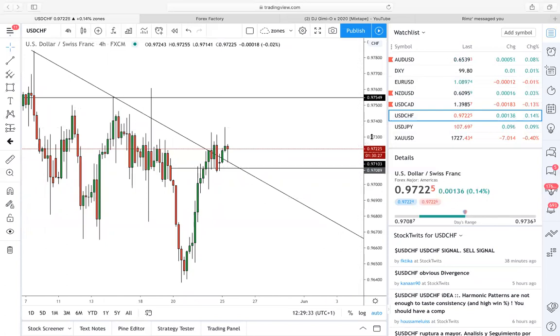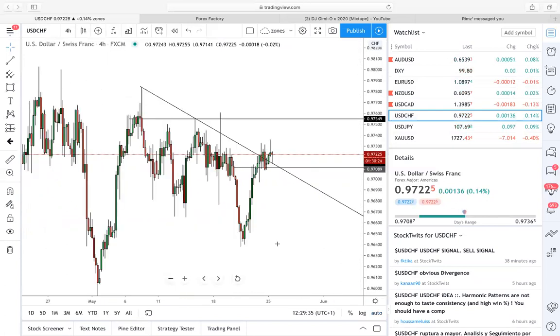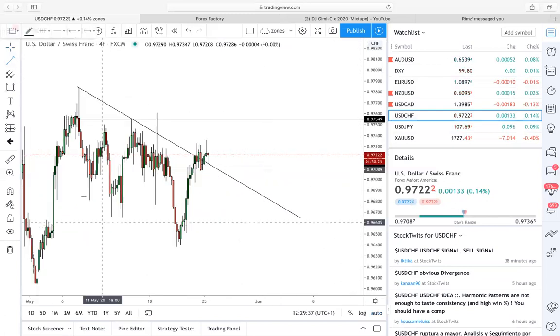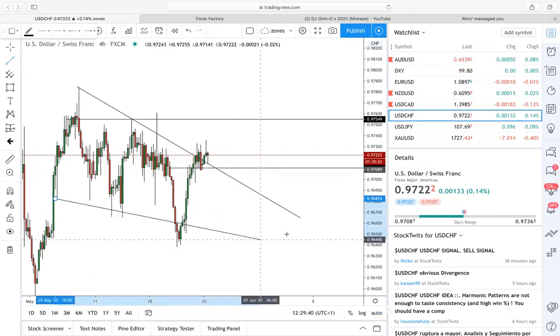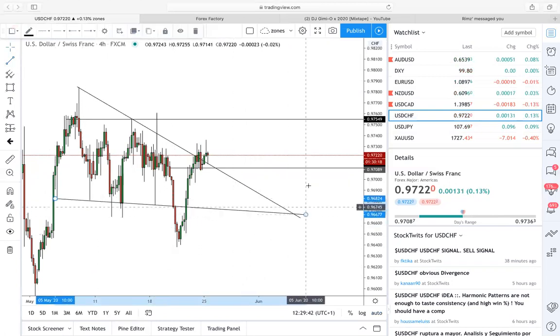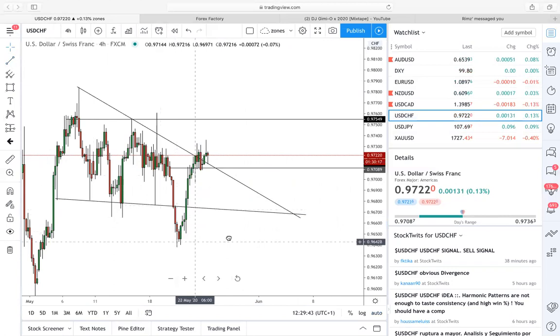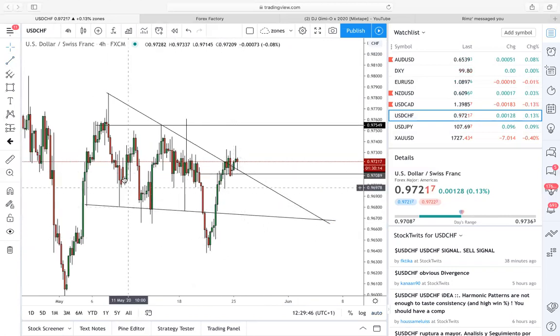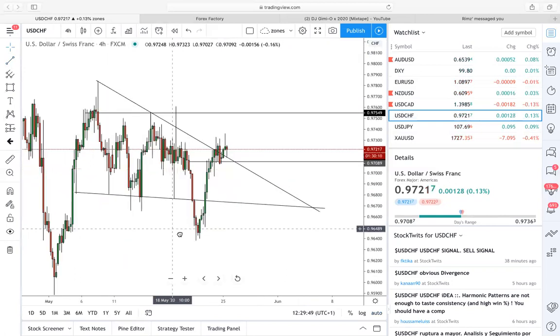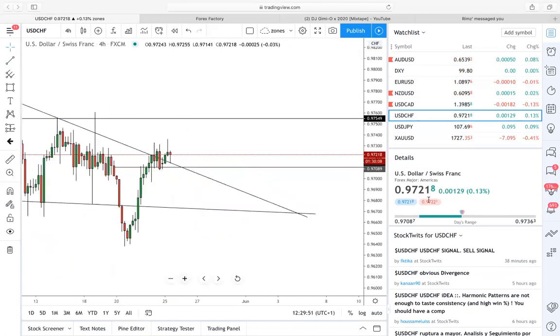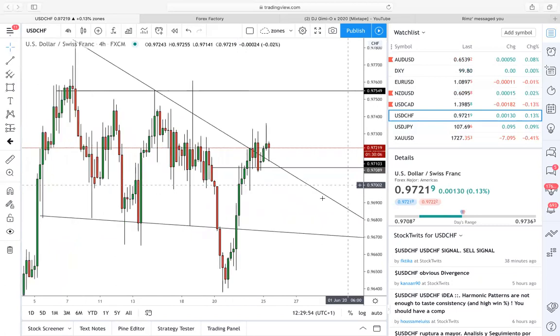Then we've got USDCHF. So it's broken this kind of pattern here. If we just go like this, so it broke it here, faked out, came back in. As you can see, USDCHF in general always has a lot of wicks anyway, so it can be a bit harder to read than a lot of other currency pairs.